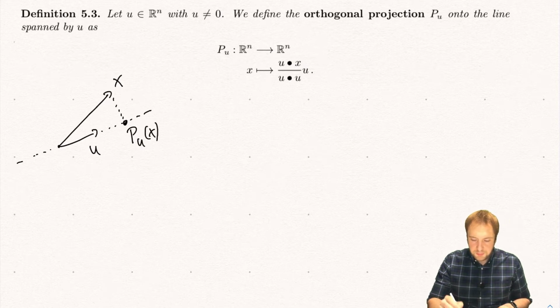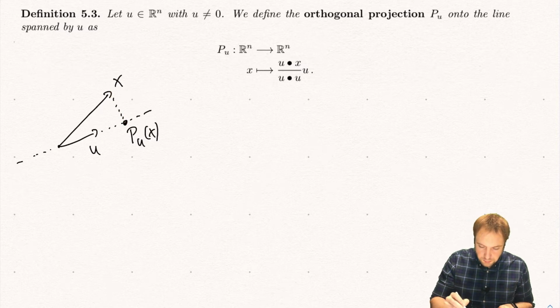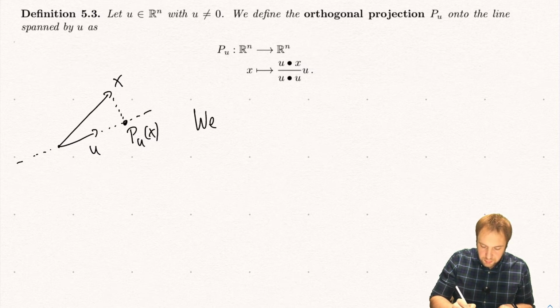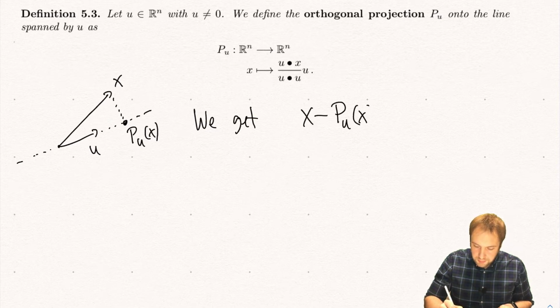So in other words, what we should have is that the difference, pu minus x, or x minus pu, is orthogonal to u. And so this is what we called before x orthogonal.